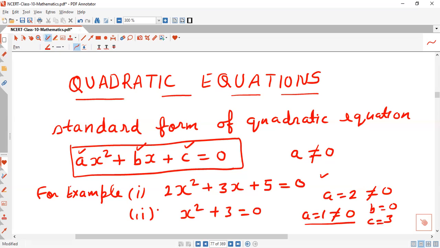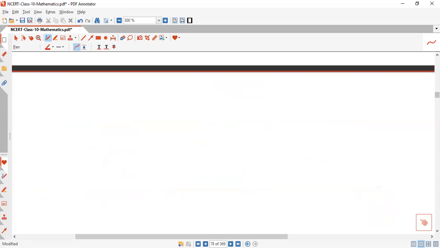So you see these examples of quadratic equations. Let me give another example: x square plus 3x.